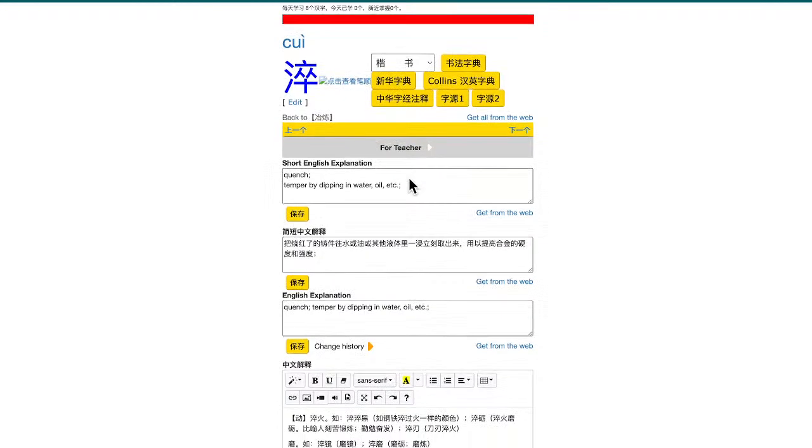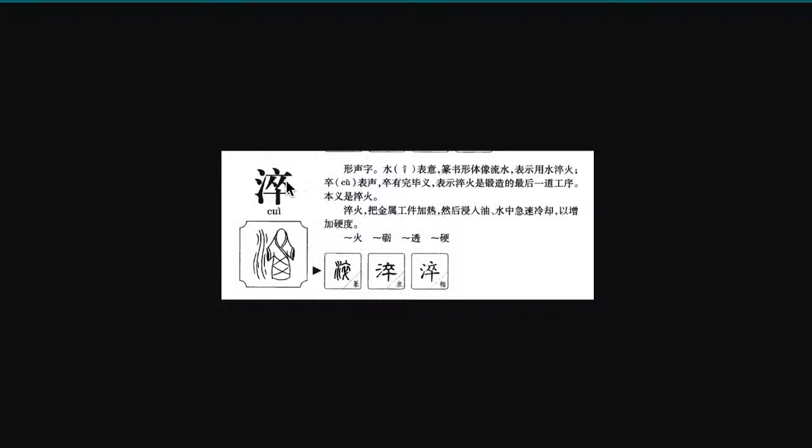Now it goes with the water radical. That's obvious because it does not refer to the metal, but to the process. That process needs water, so that's why it goes with the water radical. And on the right hand side is 粗, which has the meaning of finished, done.